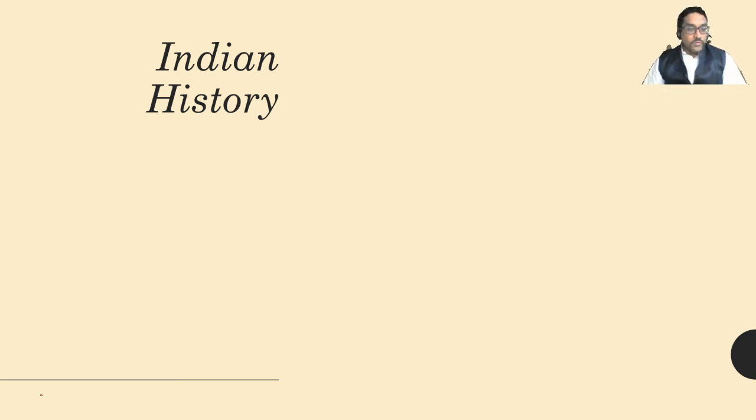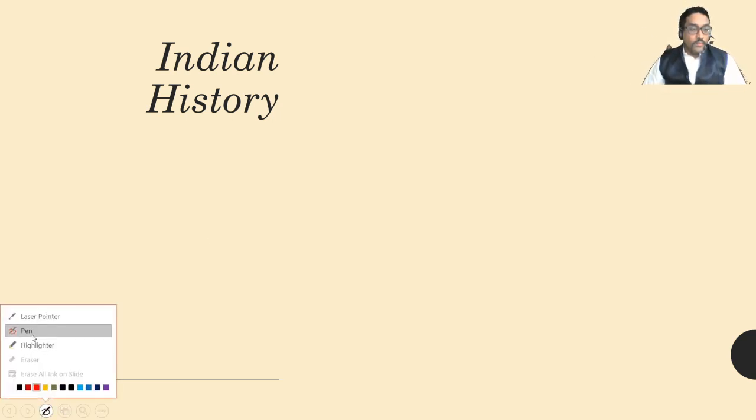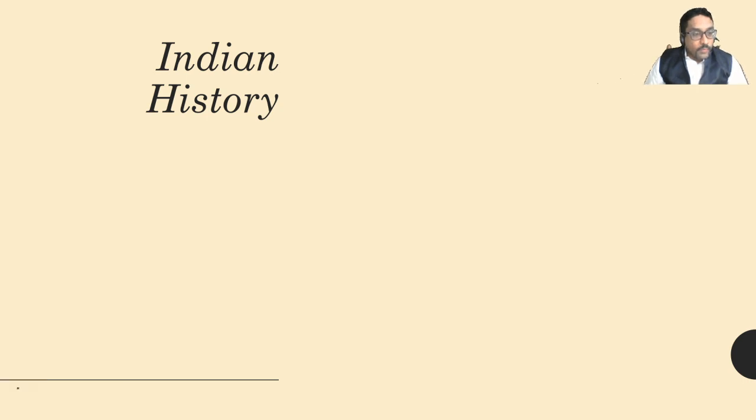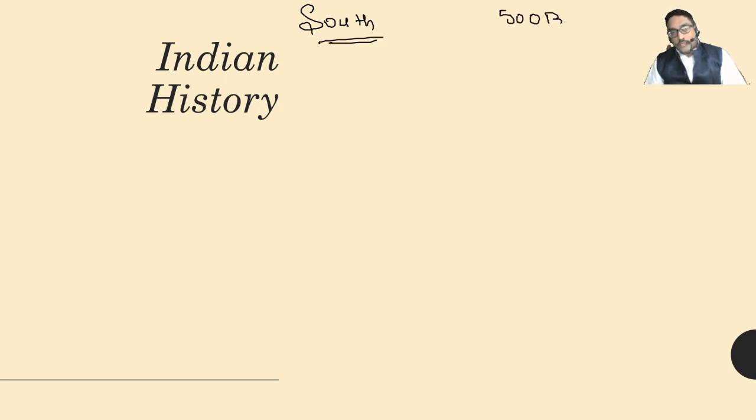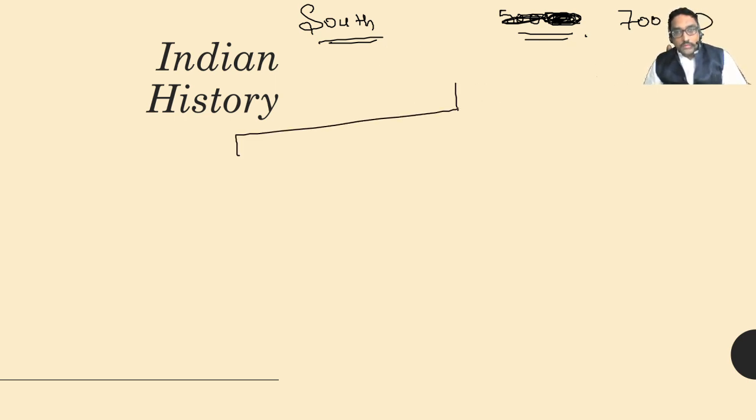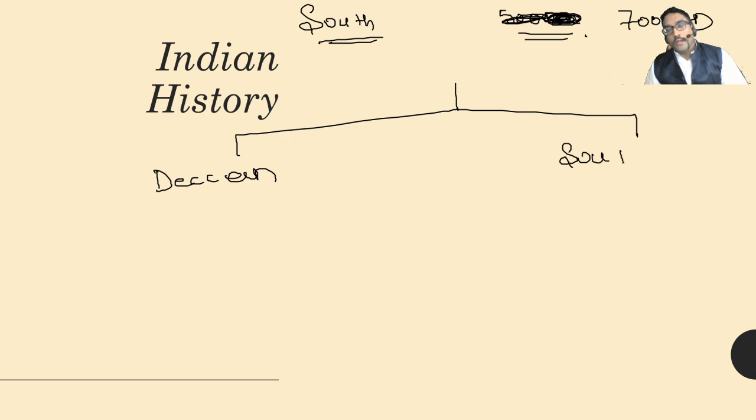Simultaneously, coming to the South. Because we are seeing only until 700 AD, in the South itself we see two parts: the Deccan and pure South India or the Tamil region.